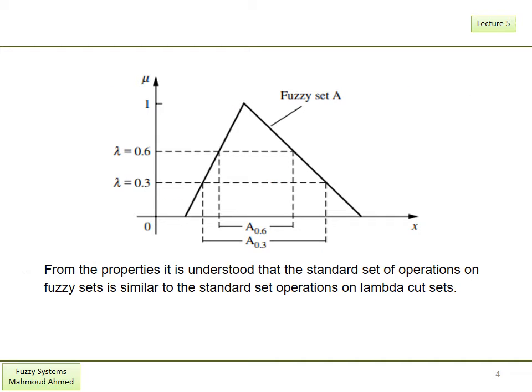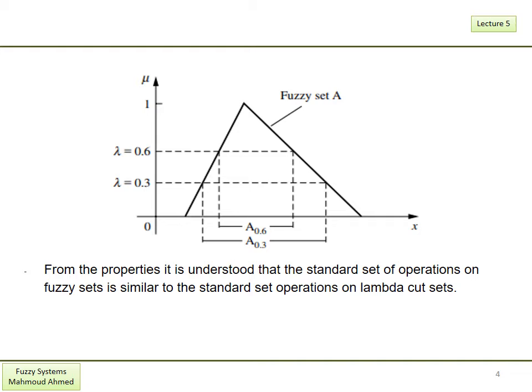This can be shown on this graph where the membership function mu is plotted for this fuzzy set A. We can see that for a given value of lambda, for example 0.6, the amplitude should be in the range of 0.6, such that lambda is equal to 0.6. This means that the range lies between the two limits of the fuzzy set A, from this point to this point.